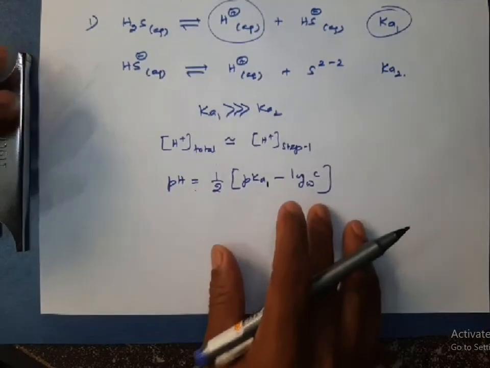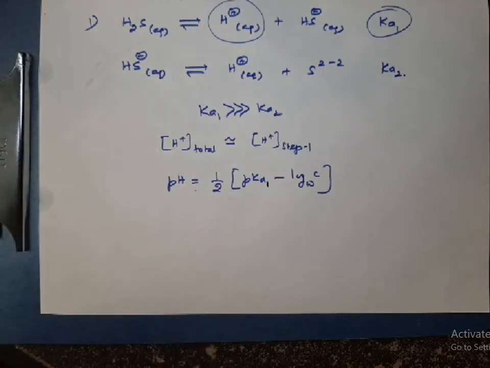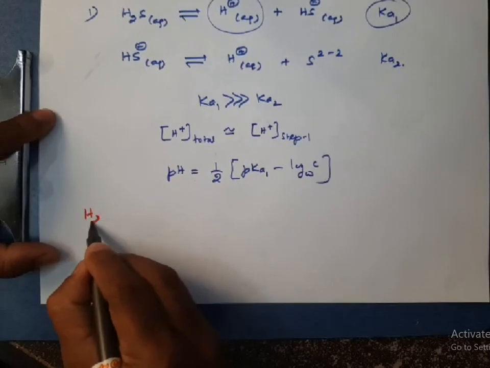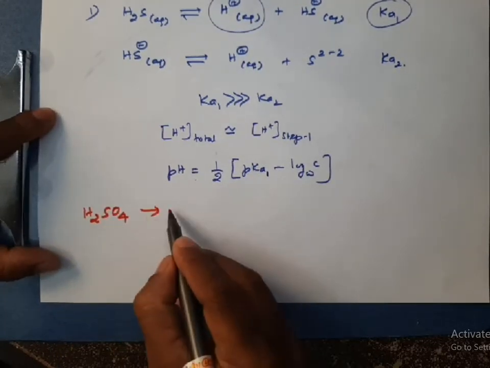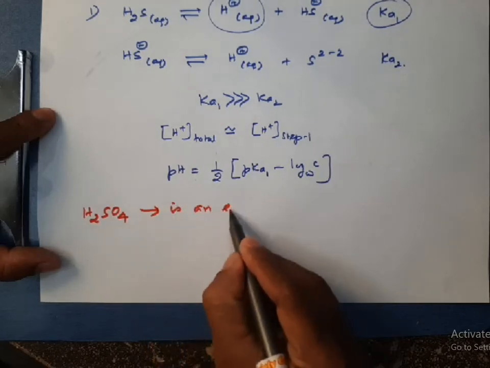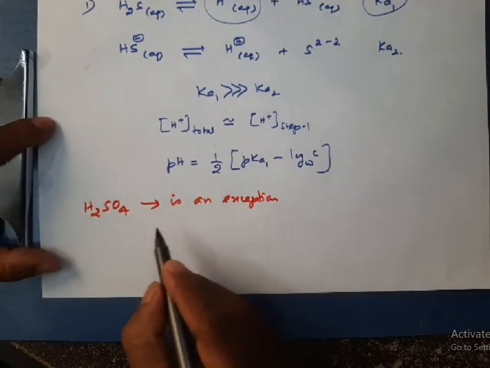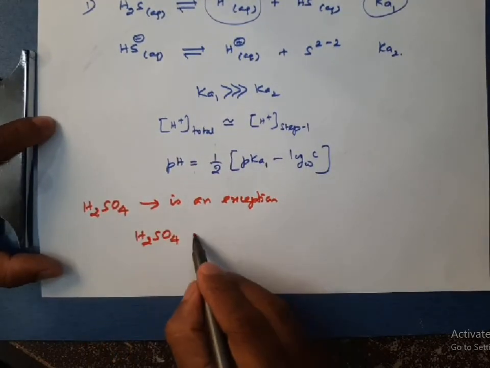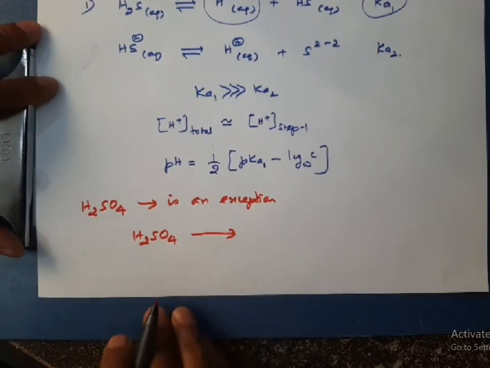Now here sulfuric acid is an exception. H2SO4 is a polybasic acid, but H2SO4 is an exception. Why is it an exception? The reason is, the first step of sulfuric acid behaves like a strong acid.